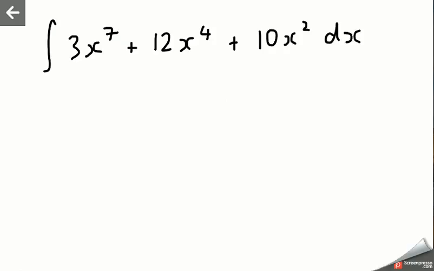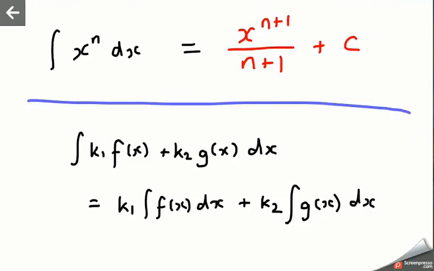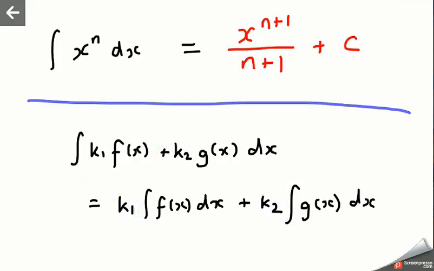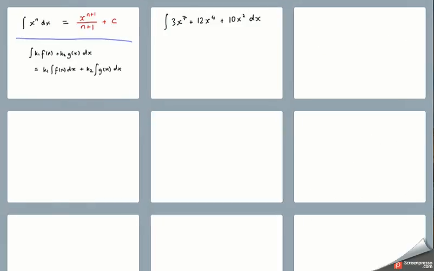Well, from our proof that anti-differentiation is linear, we can bring all those constants out the front of the antiderivative signs, and also we can split up the antiderivative signs over the pluses. So that's exactly what we're going to do.